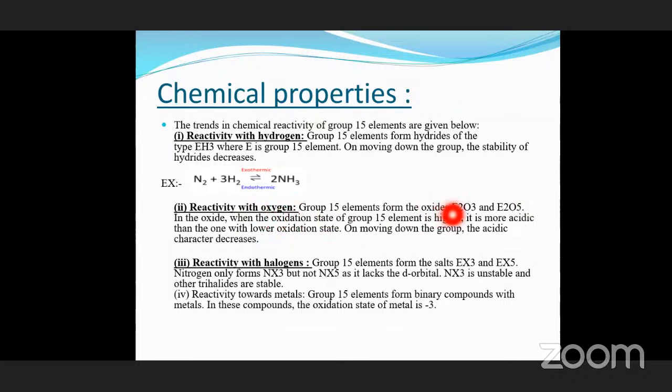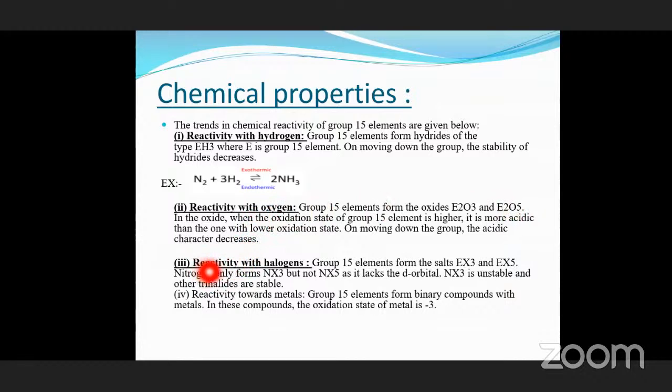For example, for E2O3 type, N2O3, that is dinitrogen trioxide. For E2O5 type, the example is N2O5, dinitrogen pentoxide. So this is about the reactivity with oxygen.